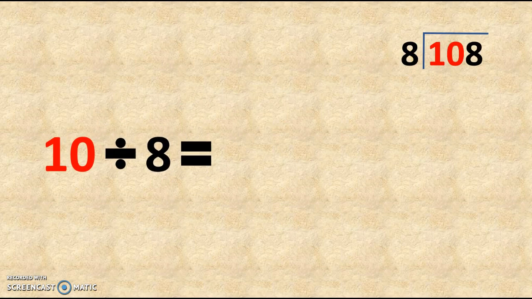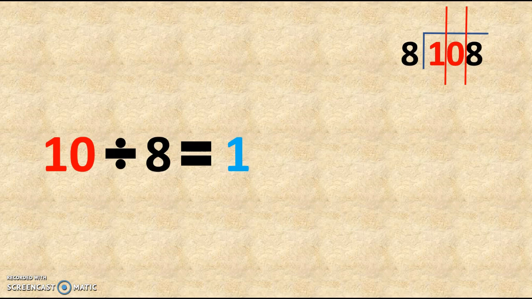So 10 divided by 8 is 1, because 8 will go into 10 one time, but not twice. So we'll go ahead and put our 1 in the correct spot now. We need to be careful that even though we're using both the digit in the hundreds and the 10 spot, we're going to put it over the number with the least value, or the furthest to the right of the number we're working with.